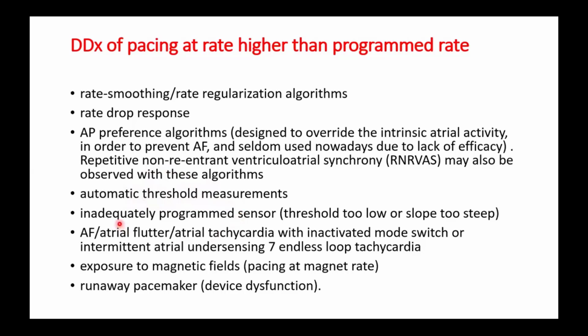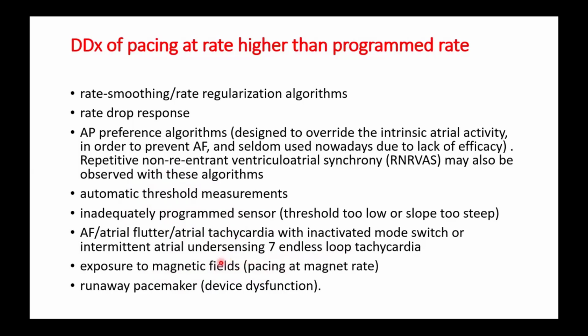Or when you are turning the sensor on and programming it very sensitive, or programming the threshold of intervention at a very low level. Or when a tachycardia, atrial high rate, or pacemaker-mediated loop tachycardia occurs. Always remember that exposure to a magnetic field, like from magnetic gates, may trigger pacing at a magnet rate.